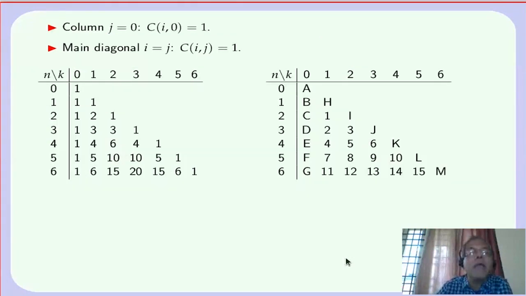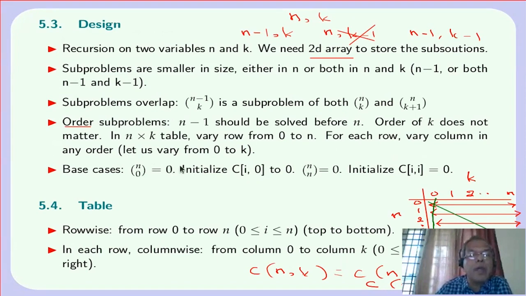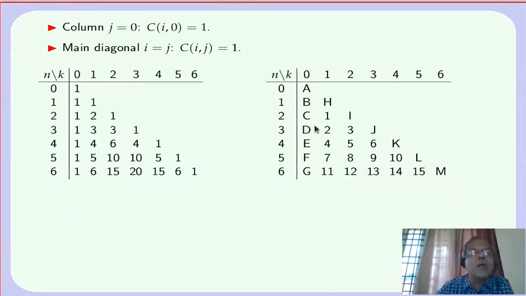Oh, this is a typo. All right. So this is the order we mean. First calculate this, then this row, n is equal to 2, you calculate this, n is equal to 3, you calculate this, n is equal to 4, you calculate this, n is equal to 5.